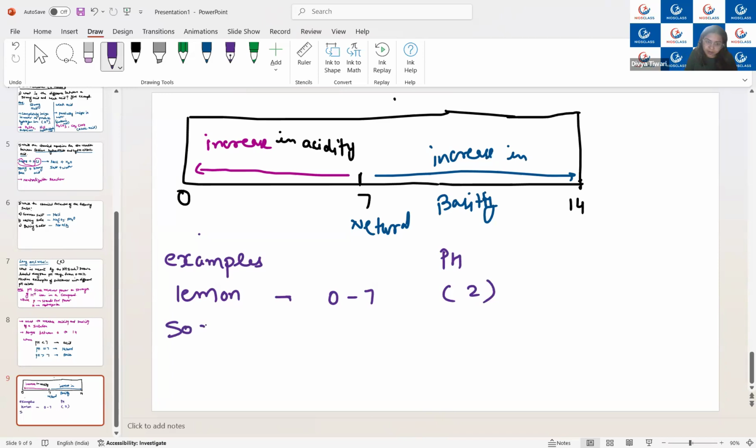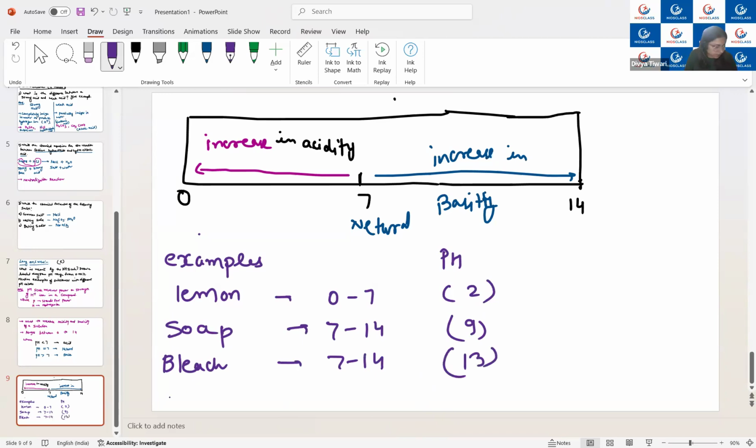Then you can have an example of soap. Soap is basic in nature, so it's going to be somewhere around 9. Or you can also write bleach, which is again basic in nature, 7 to 14. If I'm not wrong, it's going to be 13.